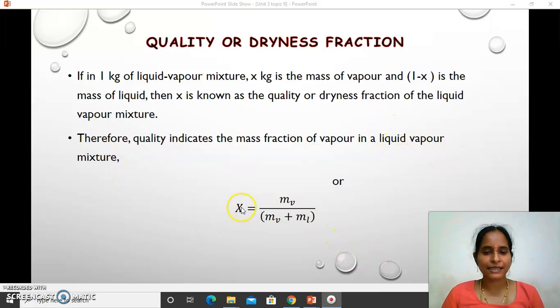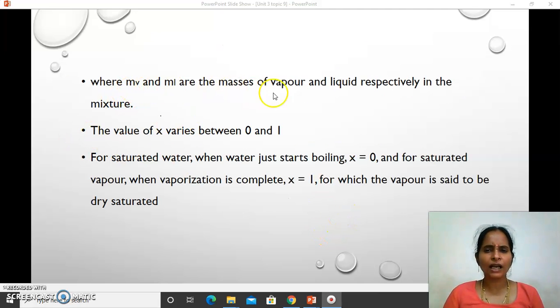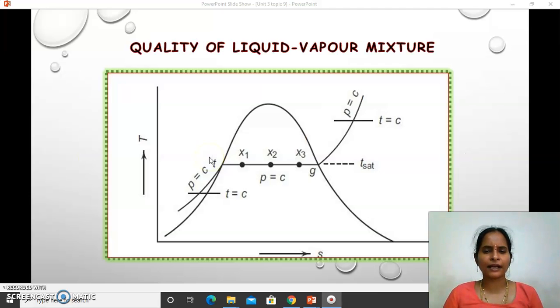So the dryness fraction x is equal to the ratio of the mass of the vapor to the total liquid vapor mixture mass. And this x can vary. If the point is on the saturated liquid line, is there any vapor particle? x is equal to 0, no vapor.